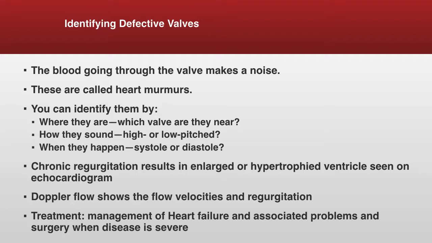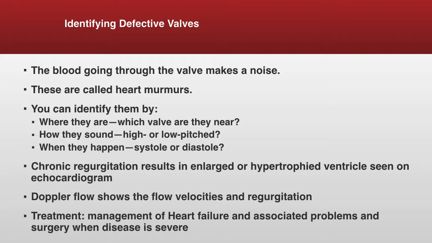Chronic regurgitation results in enlarged or hypertrophied ventricles seen on the echocardiogram. And when they do Doppler flow studies, you can actually see the velocities of the blood as they go through, and you can see the regurgitation.